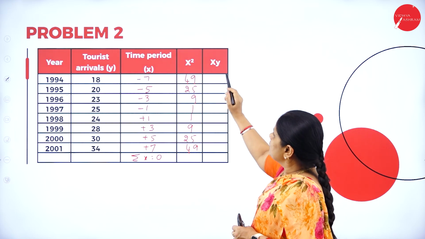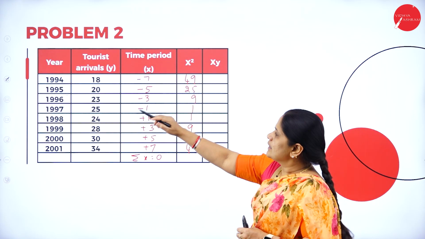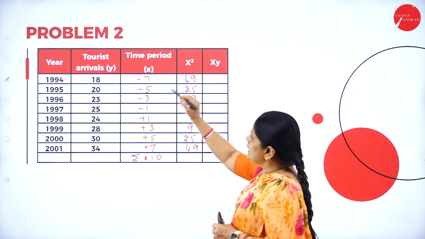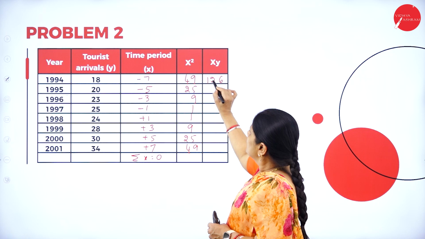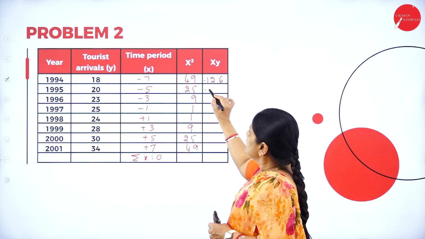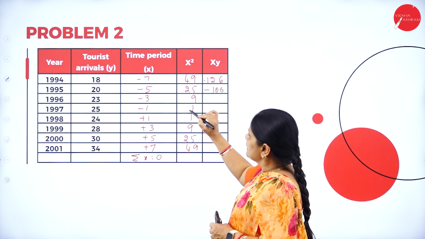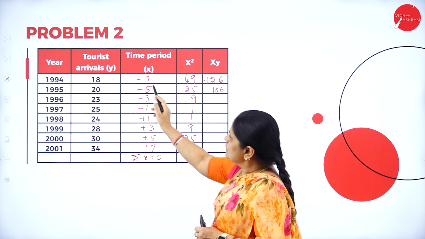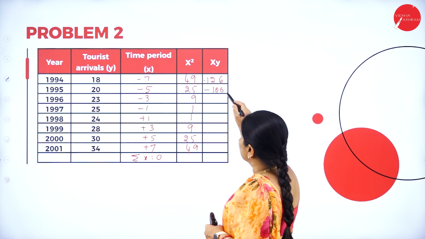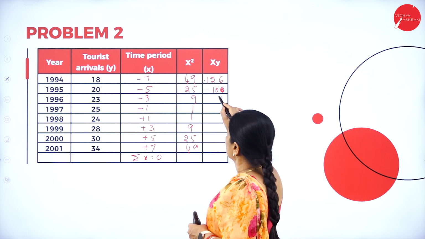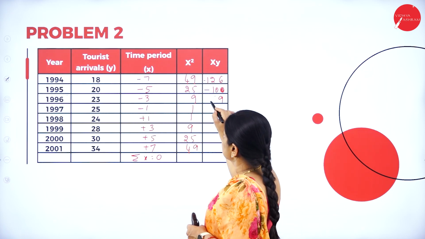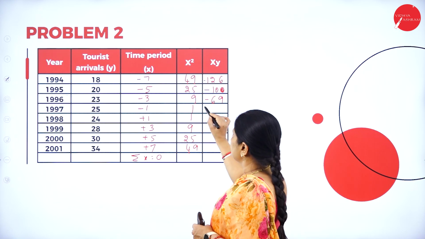And the next step will be X into Y. So 18 into 7, 7 8s are 56, 7 1s are 7, 126. Then minus 100, 5 into 20 is minus 100. Then 3 3s are 9, 3 2s are 6, minus 69.